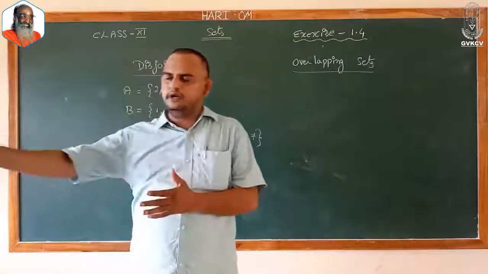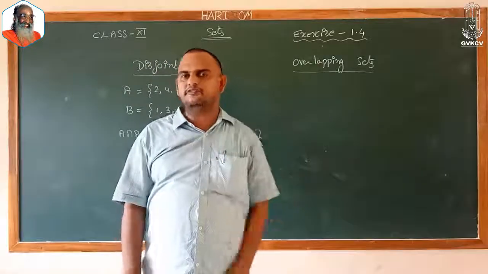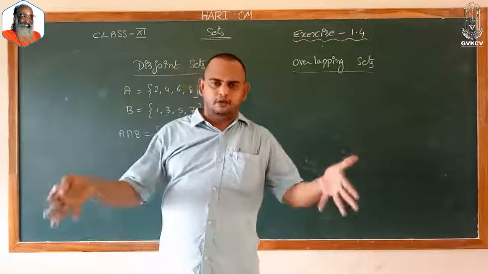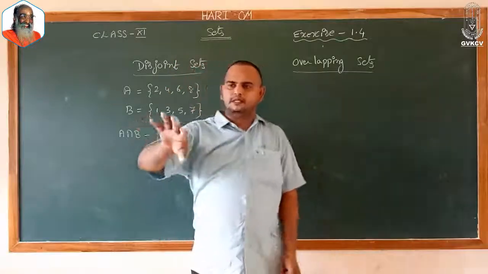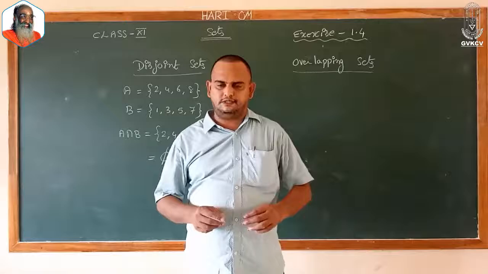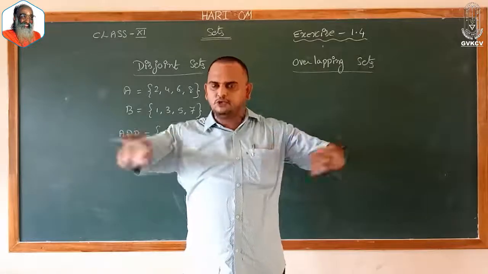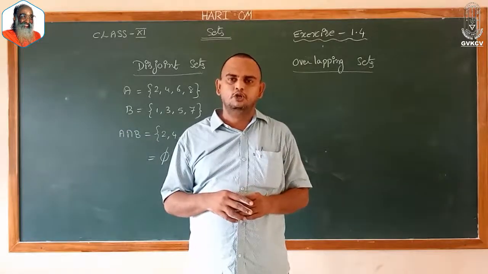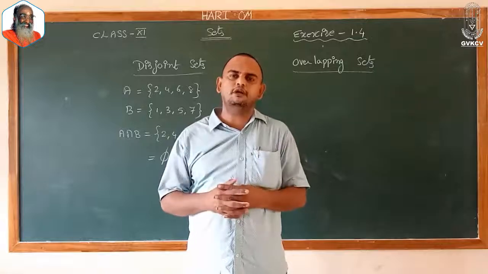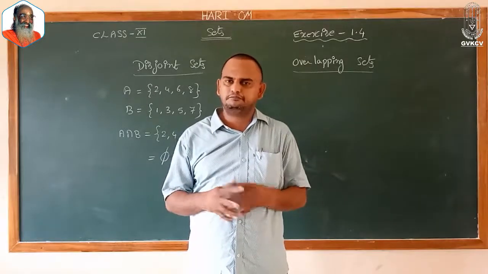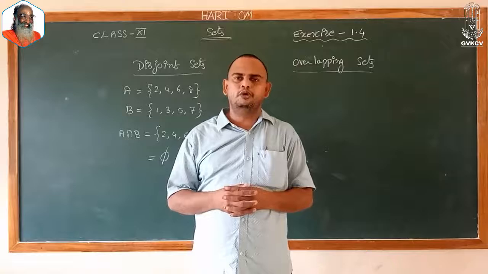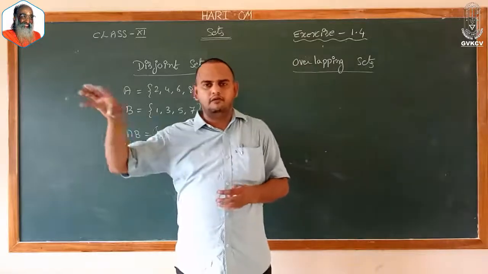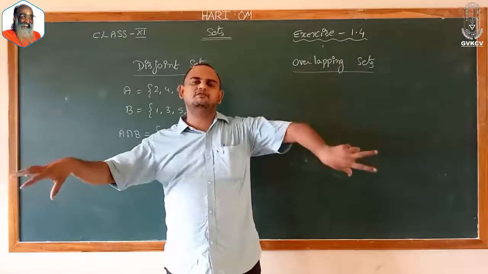Set A is a separate set by itself, set B is a separate set by itself. For example, in class 11, the set of girls and the set of boys. When we consider these two sets, do you find any common student in both the sets? No. We cannot find a common student from the set of girls and the set of boys.